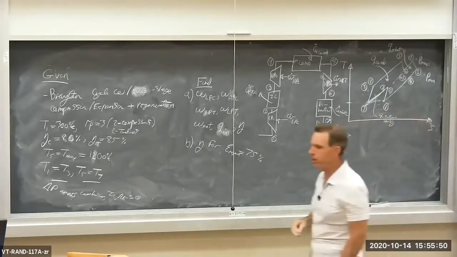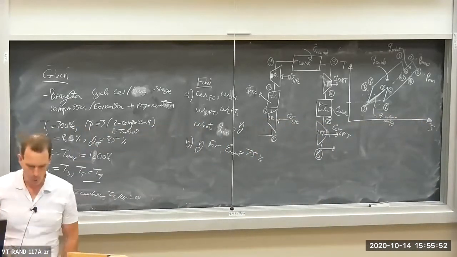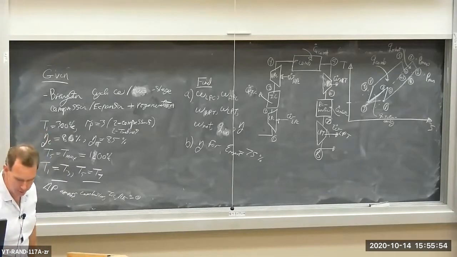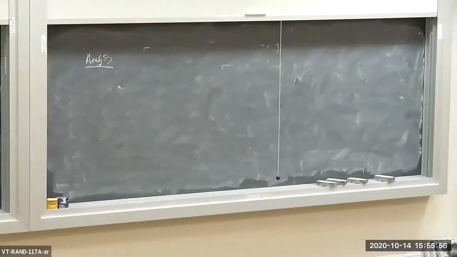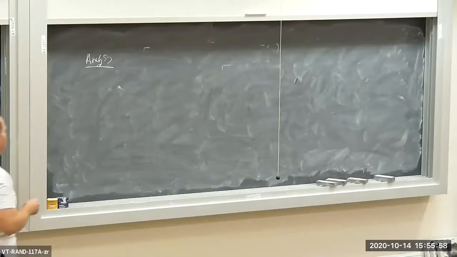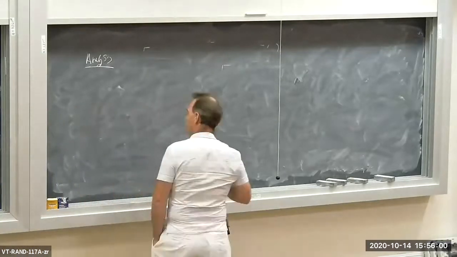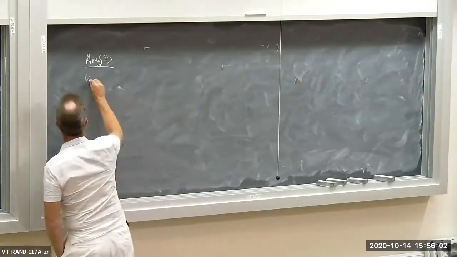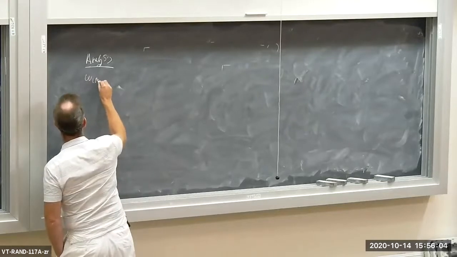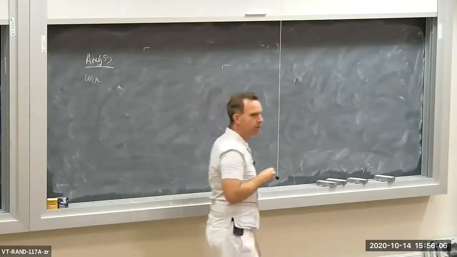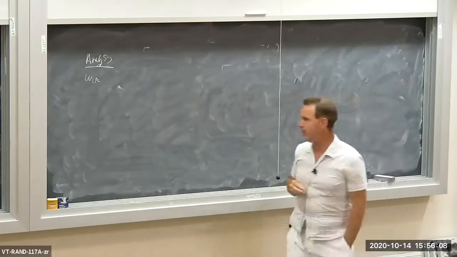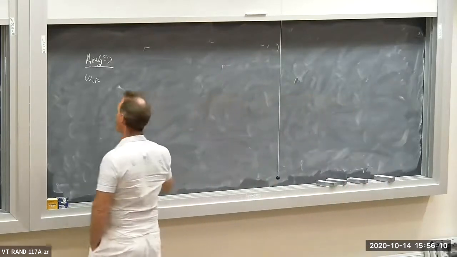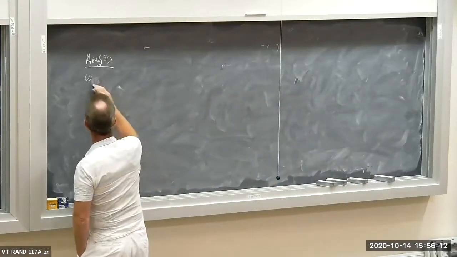Okay, so let's calculate the specific works for the turbines. That shouldn't be too difficult. We've done this sort of thing before. So specific work for the turbine, we want to get, first of all, W_LPC, the low pressure turbine, I'm sorry, compressor. W for the low pressure compressor.